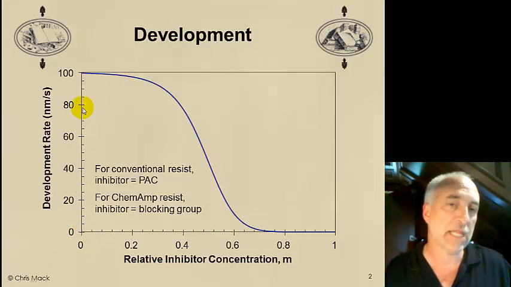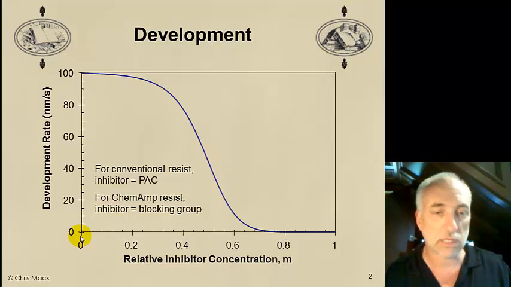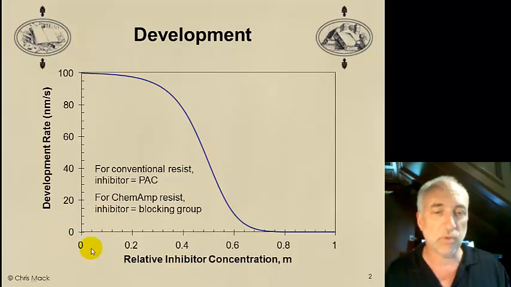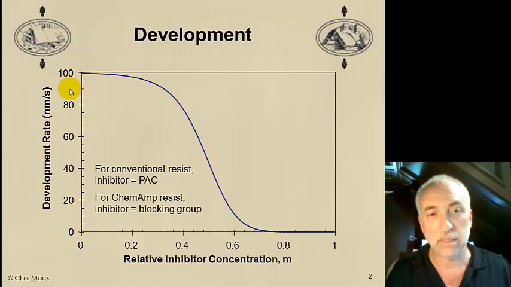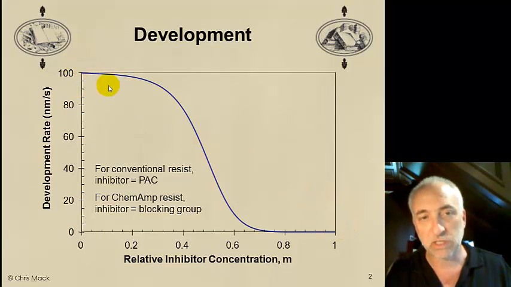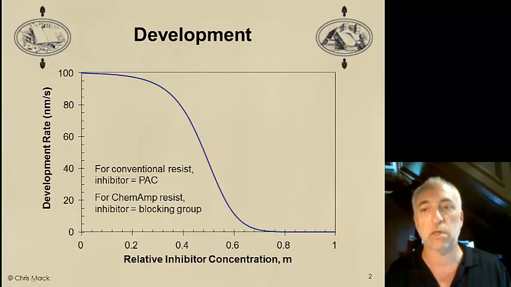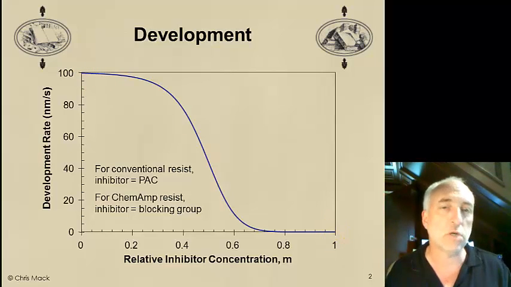For the case of a chemically amplified resist, we have completely deprotected polymer, pure polyhydroxystyrene as our results for that example material. That means we get a very high development rate. And one of the things we think about is what's the ratio between the maximum development rate over here and the minimum development rate over here. And that's an important quantity to understand. And the higher that ratio, the better.